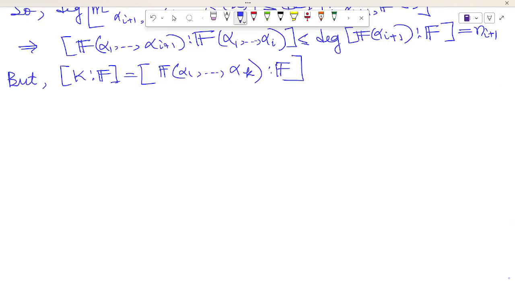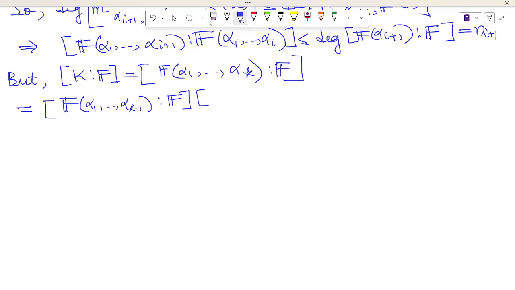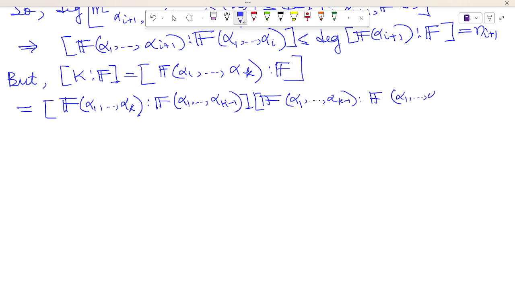But observe that by the Tower law, it is the product of intermediate fields, k minus 1, just one less, product, small k.